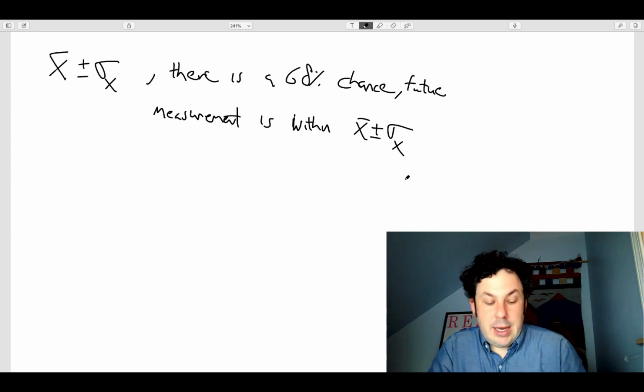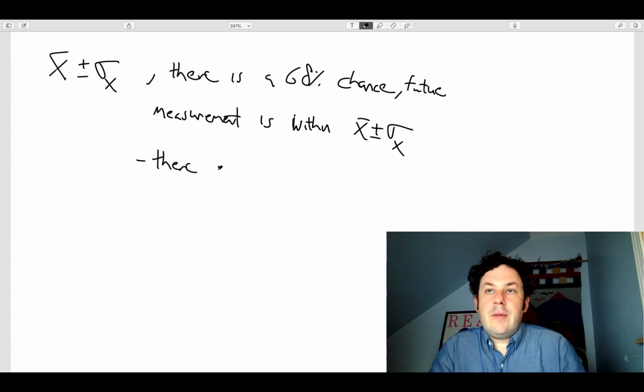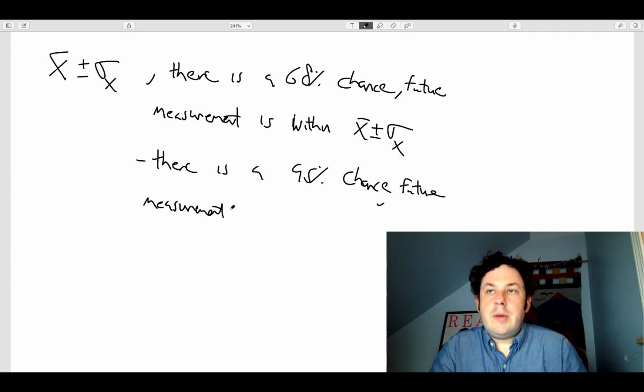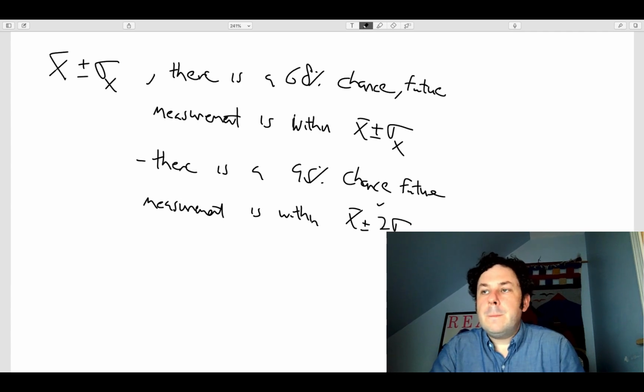And you can probably guess that there is a 95% chance that a future measurement is within x bar plus or minus 2 sigma.